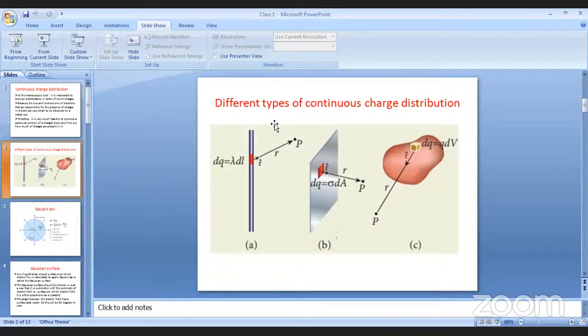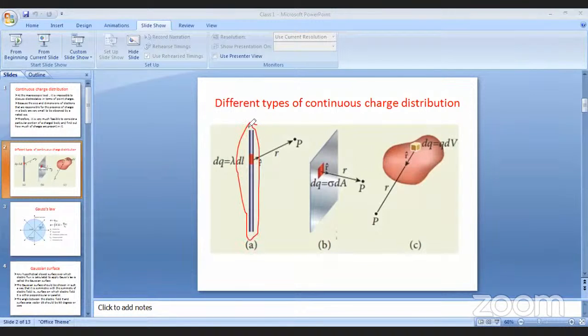Here you see this one-dimensional rod, or a long charged wire. What I am pointing out in the figure is a long wire, and it is a uniformly charged wire.